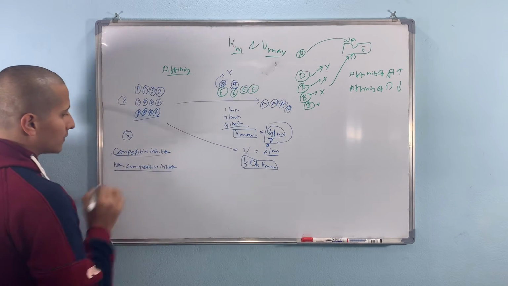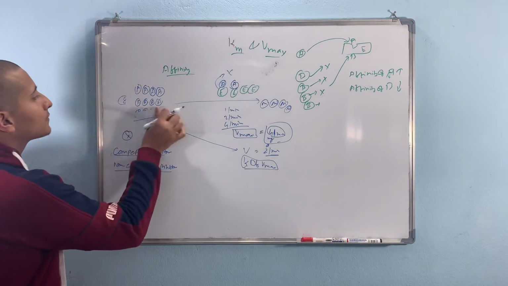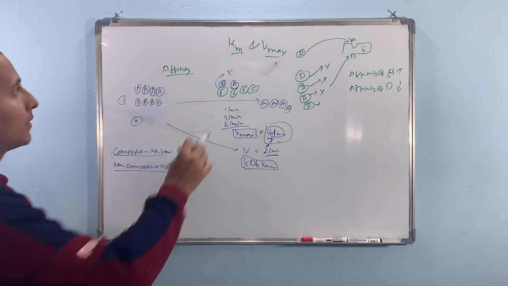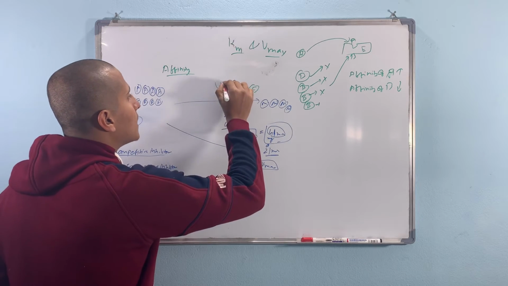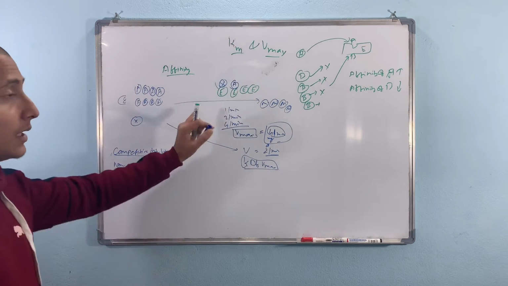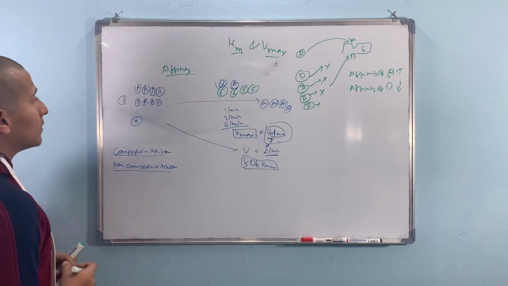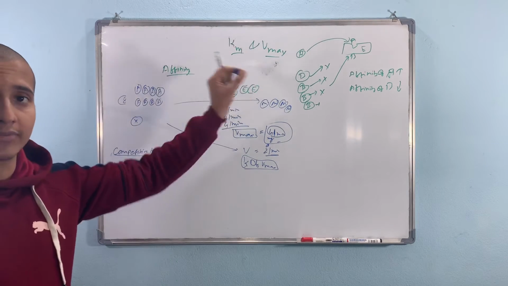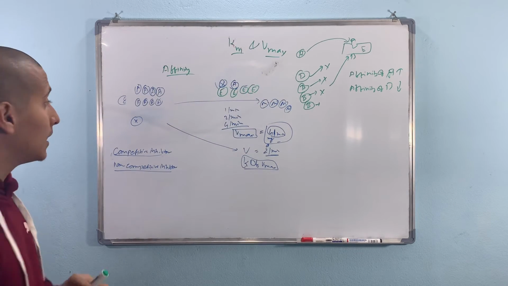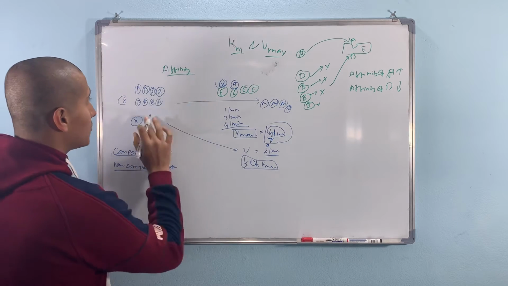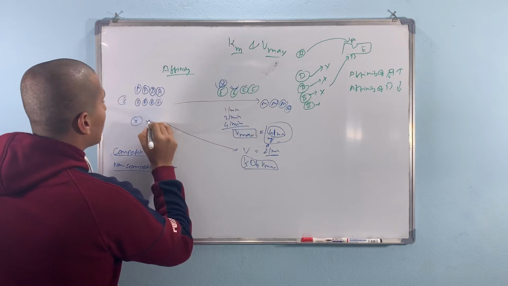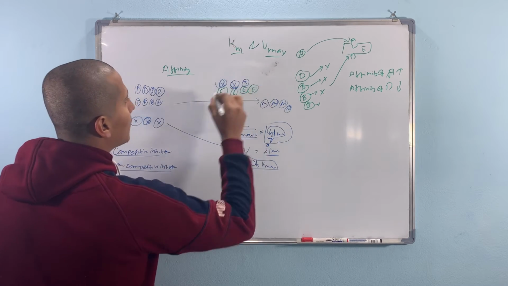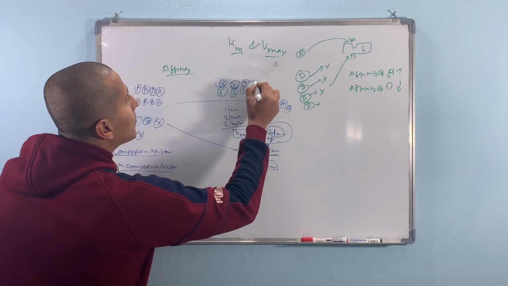So these are the two things. Now, if we add a competitive inhibitor like X, which has more affinity, then X goes in here and binds with the enzyme E. But what happens to the values of Km and Vmax if we add a competitive inhibitor? If we add a competitive inhibitor like X, then it replaces the A, and again another X replaces the A, and again another X replaces the A, and again another X combines with the enzyme.